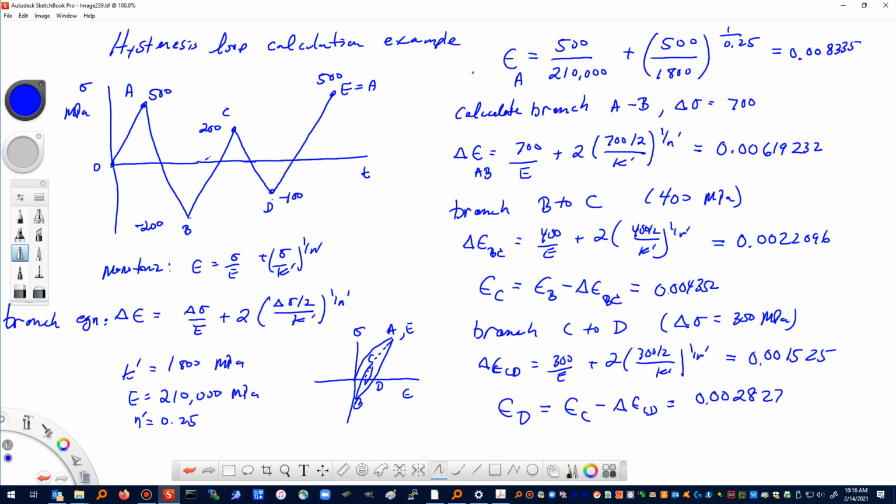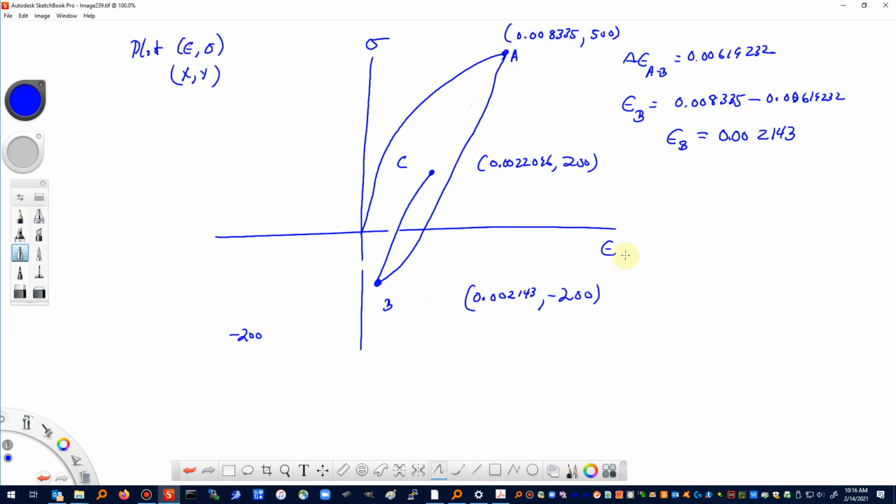Let's go look at the other plot. 0.002827.